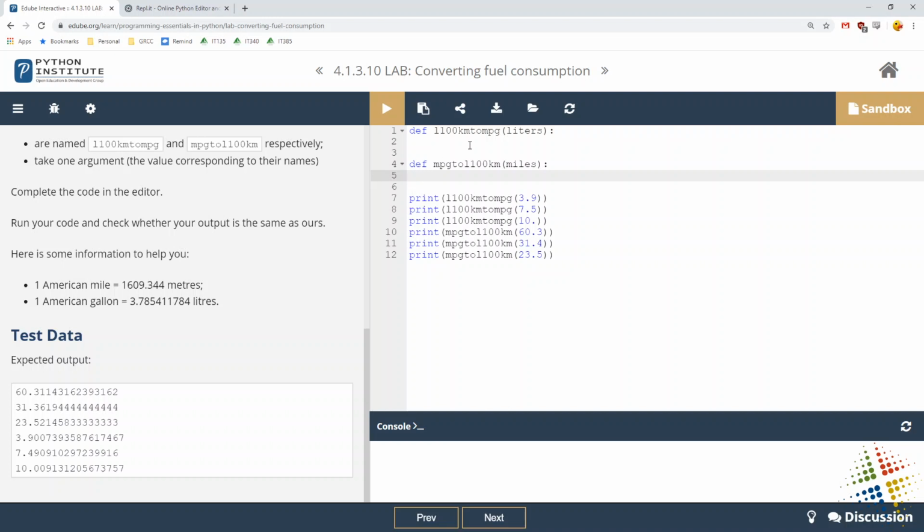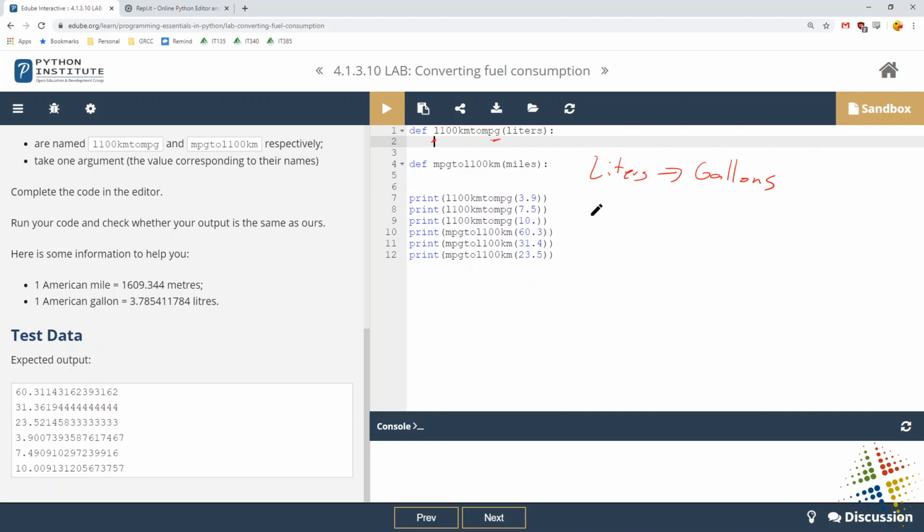This first function right here, liters per 100 kilometers to miles per gallon, was actually fairly simple for me to understand. Basically, what we need to do is two different conversions. First, convert liters to gallons.